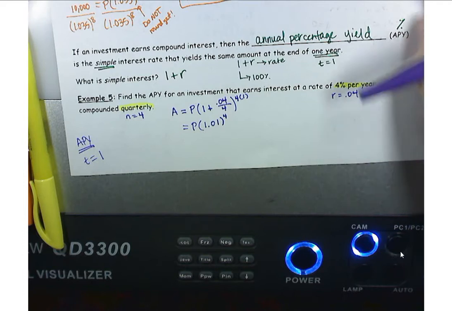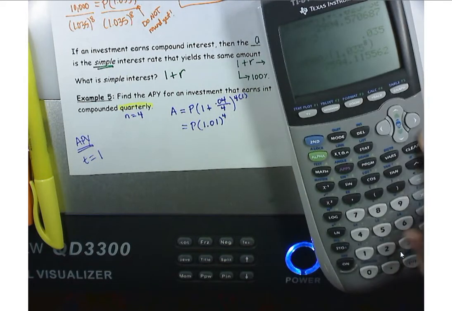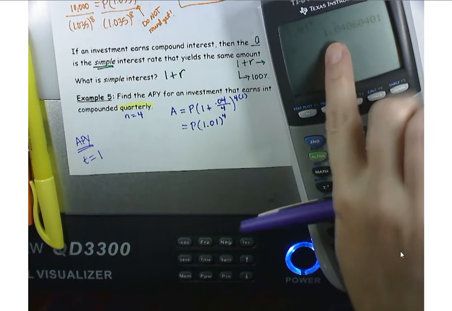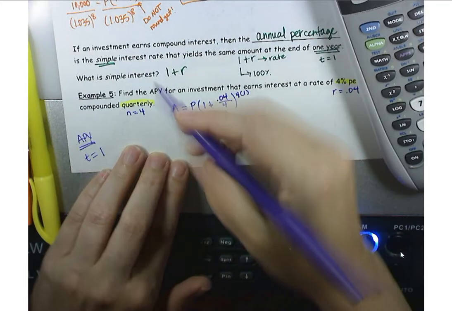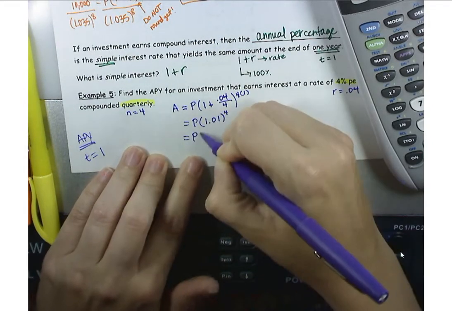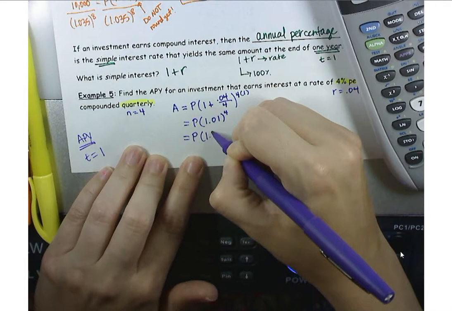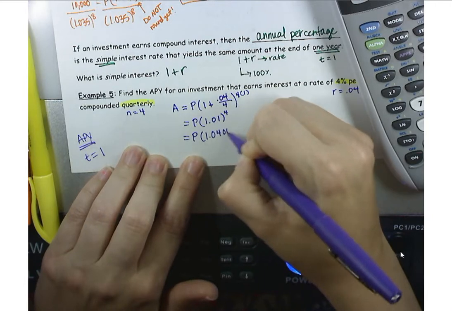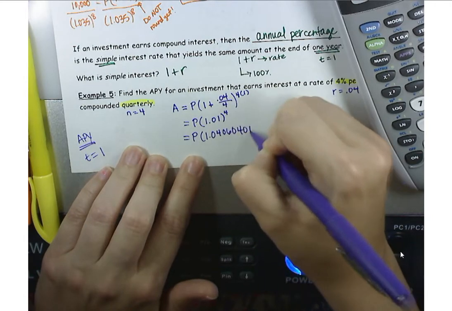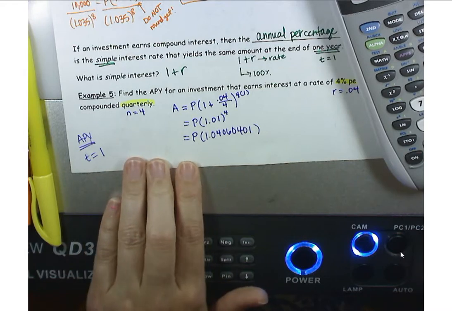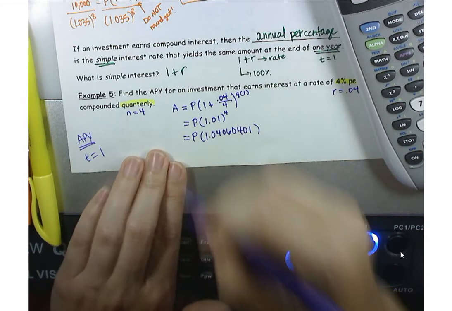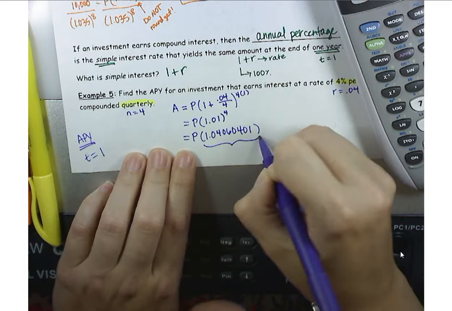Okay, so we're going to go ahead and calculate that. And remember, we are not going to round until the very end. So if I'm actually going to write out this whole entire decimal here. So you are going to get P times 1.04060401. Okay, your simple interest, your 1 plus R, is this value here.